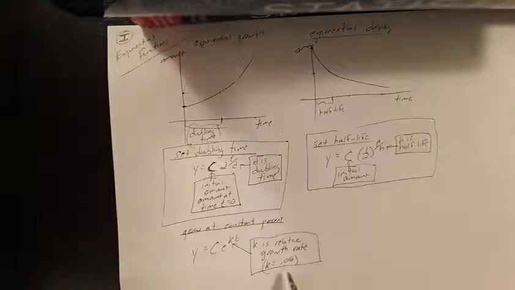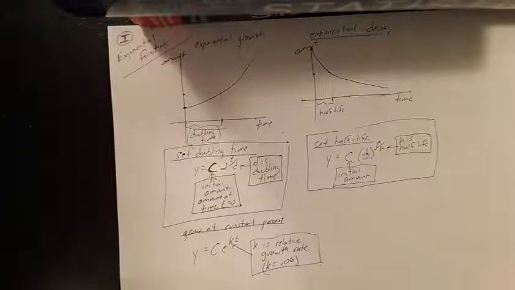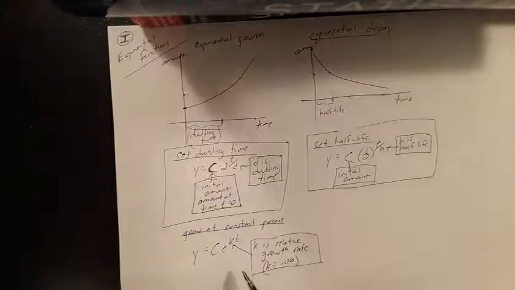It's the relative growth rate, and if this is just a t here, then that would be 6% per year, because every time t is, for instance, when t is 1, this is e to the 0.06, which turns out to be approximately 1.06. And so this thing is growing by 6% per year.